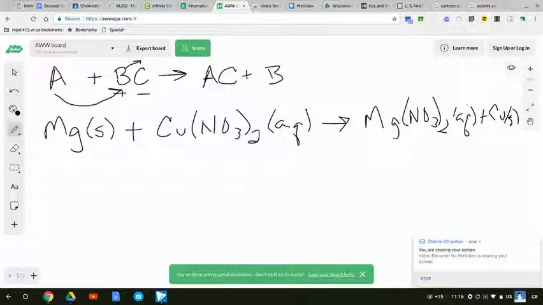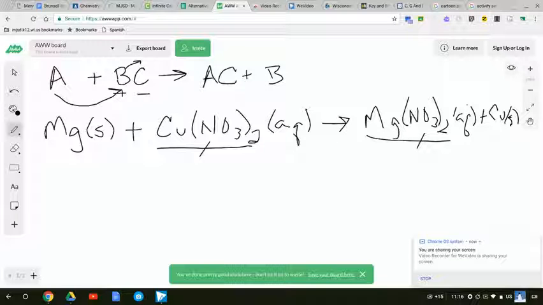Now you might already be thinking that the copper nitrate and the magnesium nitrate are going to dissociate into their respective ions: copper 2+ ions and nitrate 1- ions on the reactant side, and magnesium 2+ ions and nitrate 1- ions on the product side.